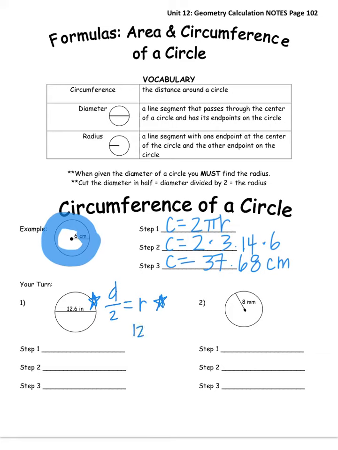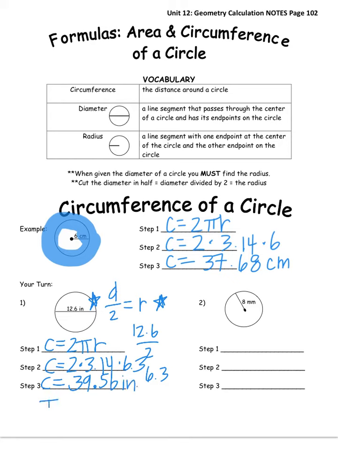So we'll do 12.6 divided by 2. 12.6 divided by 2 is 6.3. Okay, so we'll do circumference equals 2 pi r. So 2 times 3.14 times 6.3 will be 6.28 times 6.3. We'll round to 2 decimal places and get 39.56 inches.